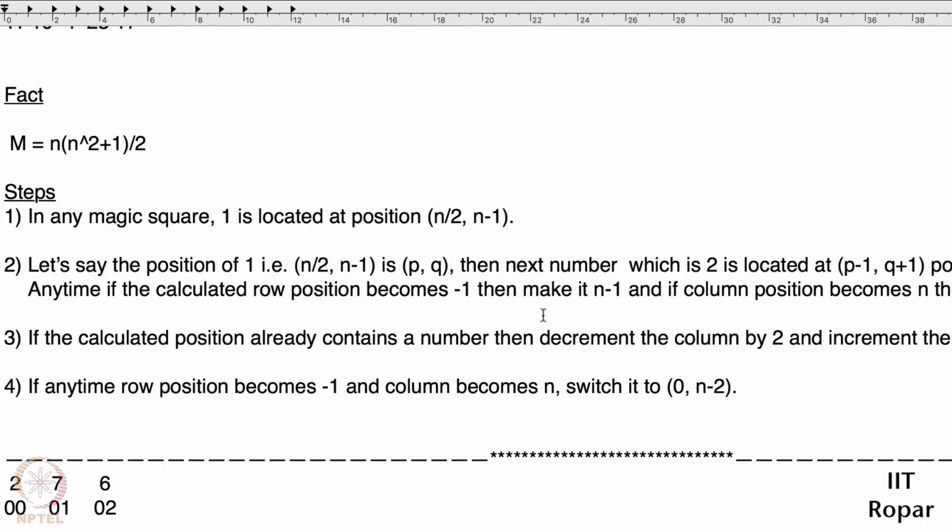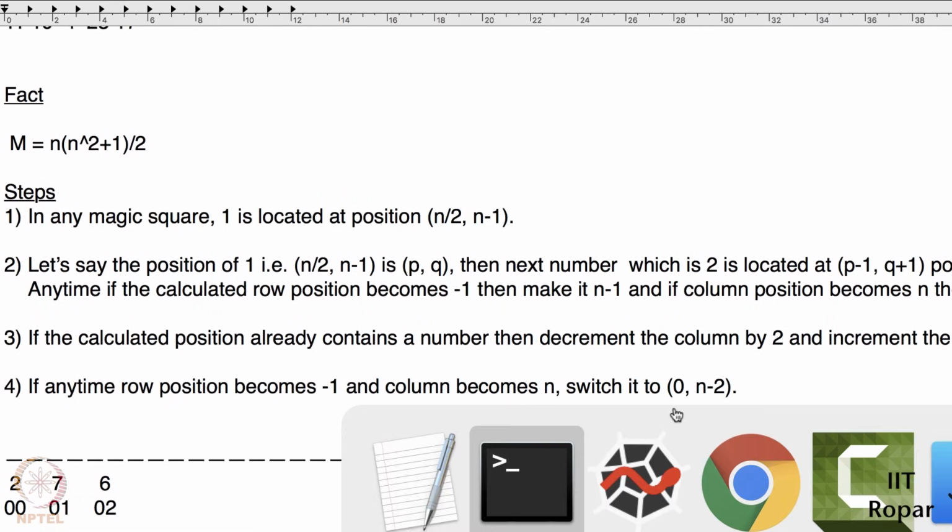But before that, the important thing is, if the row is becoming -1 and the column becomes n, this is AND, that's the difference between AND and OR, then I have to switch to 0 comma n-2. This is very important because this is an AND condition, so it should come first.